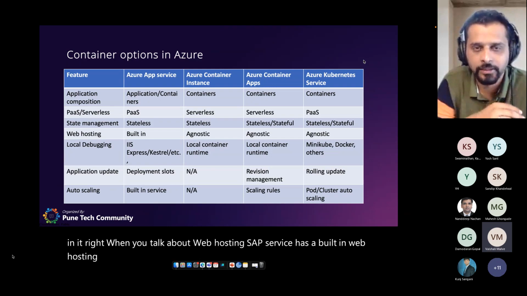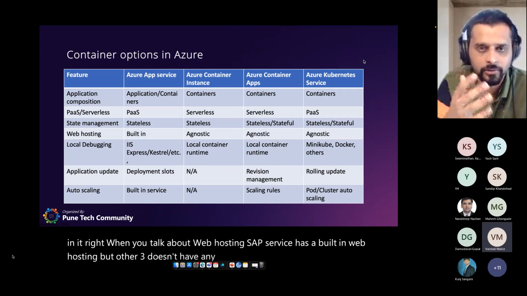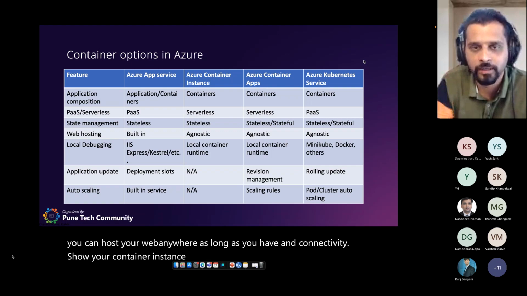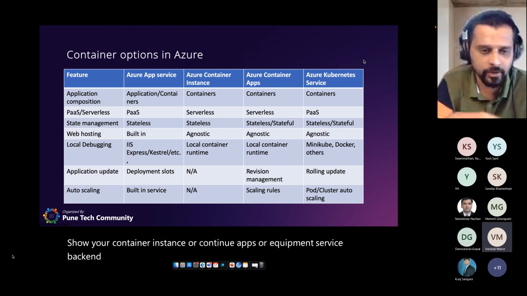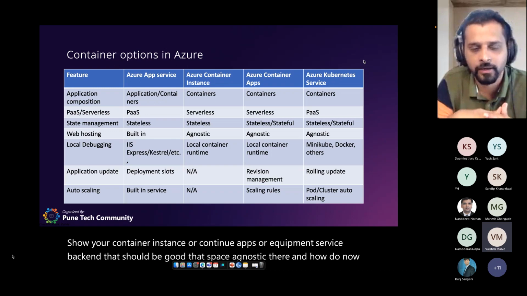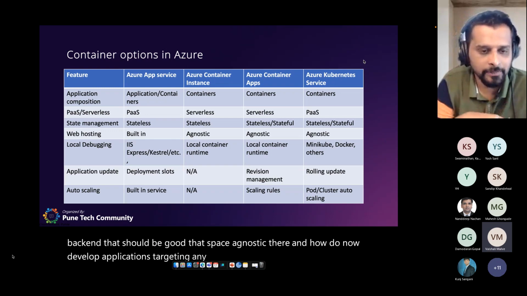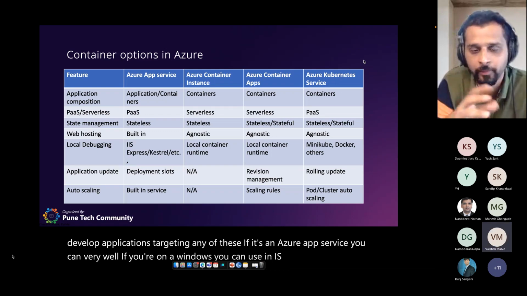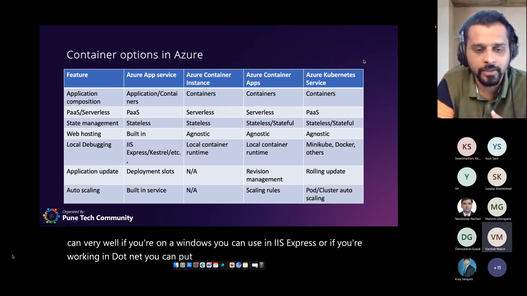And when you talk about web hosting, App Service has built-in web hosting, but the other 3 don't have any specific built-in web hosting. So you can host your web anywhere, and as long as you have connectivity to your Container Instance or Container Apps or Kubernetes Service backend, that should be good. That's why it says agnostic there. And how do you develop applications targeting any of these? If it's Azure App Service, and you're on Windows, you can use IIS Express, or if you're working with .NET, you can use Kestrel, and you can just build those.